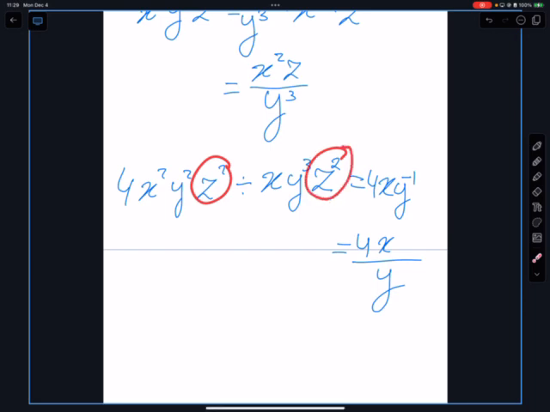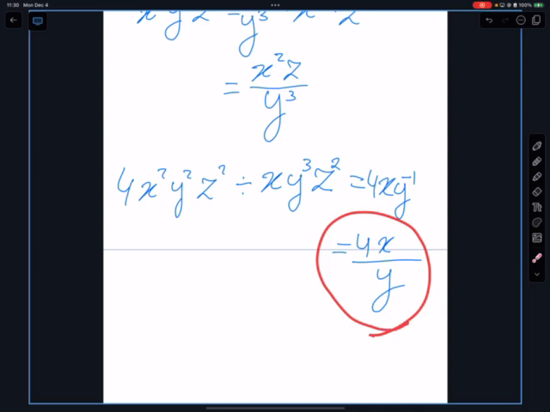Z squared divided by z squared is 1, which you don't write. So this is your final answer. And since you do not place negative exponents, you rewrite it like this.